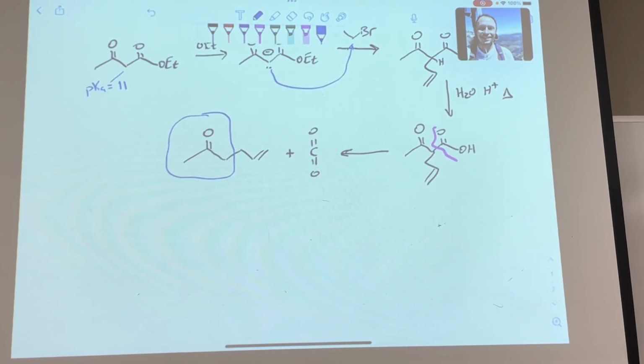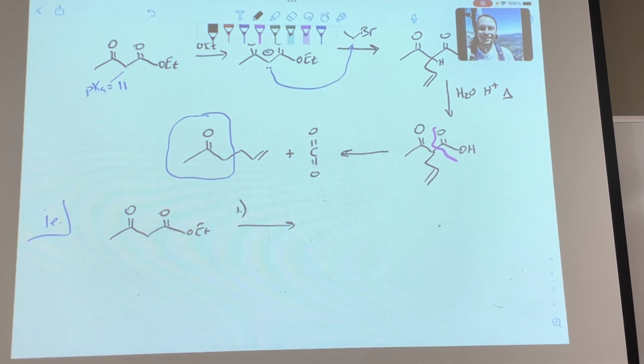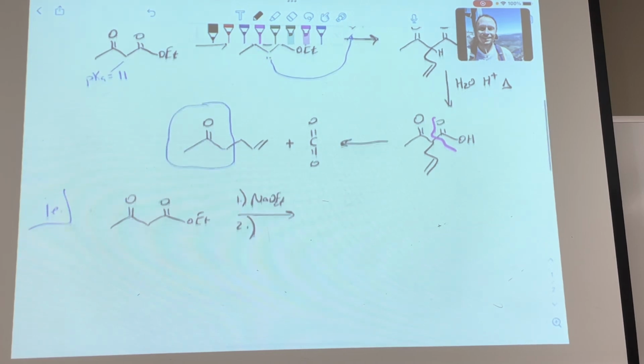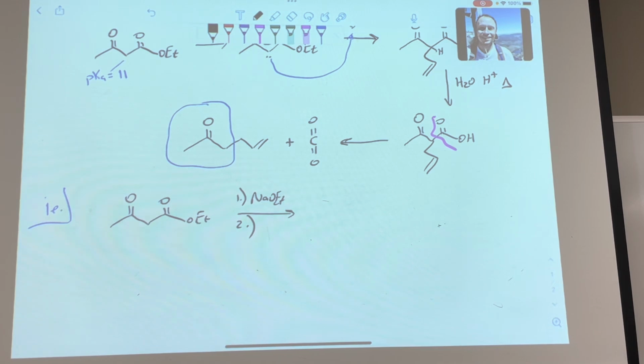So imagine for a minute if we started this reaction. I'm not going to go through the entire mechanism again because we just looked at it. But imagine we started with our acetoacetic ester. We treat it with a base to deprotonate. And here, instead of using a simple alkyl halide, what if we did something like this?